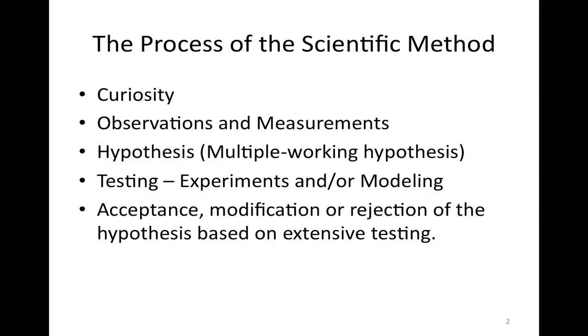Now that you've done the testing, you might feel like, oh, I think I might have asked that question a little bit differently than I should have, and you'll change your questions and go again. Or you'll reject your ideas altogether, just say, oh, this is complete garbage. I don't know what I was thinking, after you do your experiments and testing and modeling and such, and just throw it out altogether. All of these things are good things to do in the scientific method, and you should be open to doing each and every one of them.